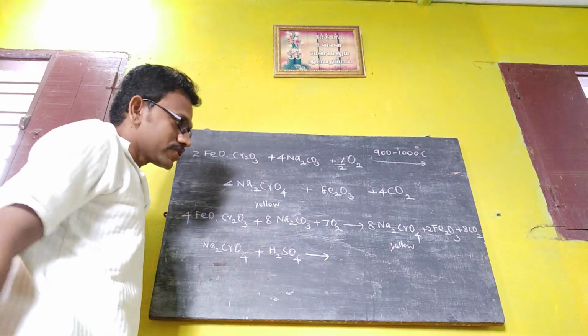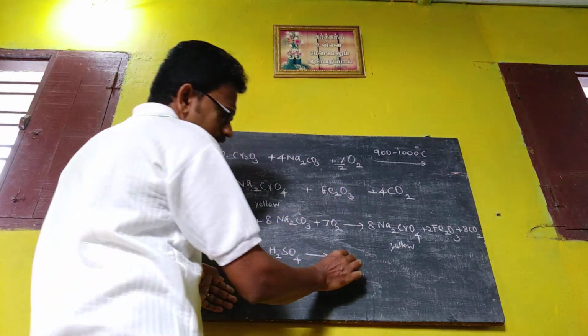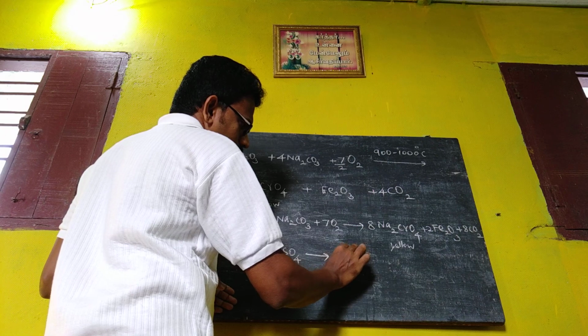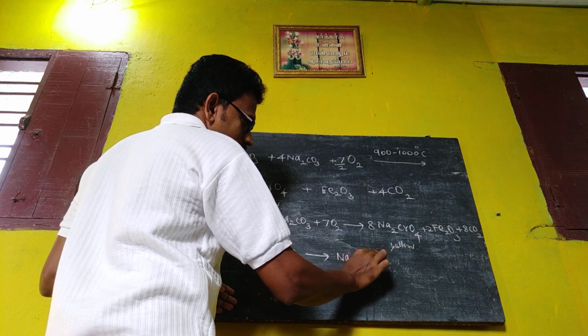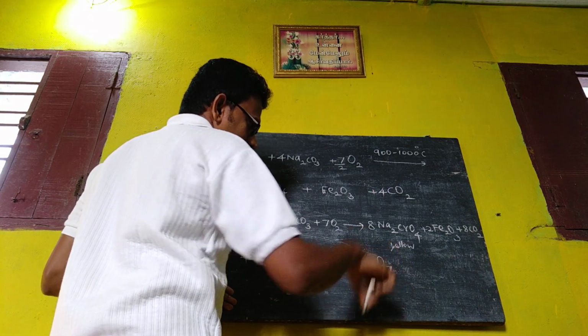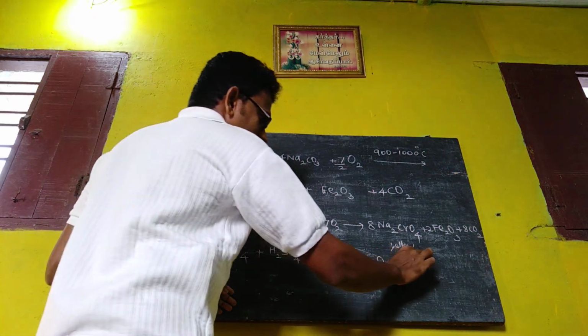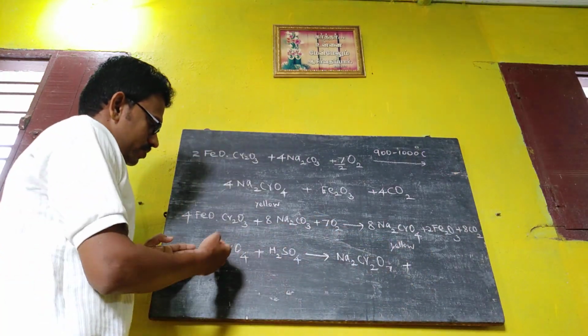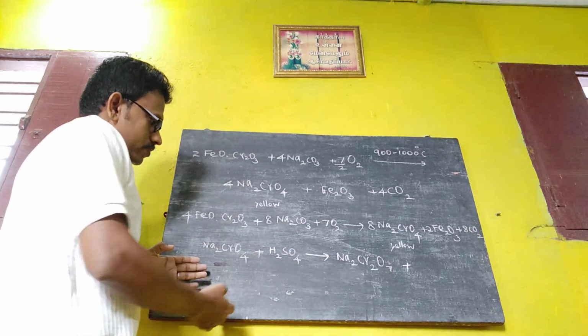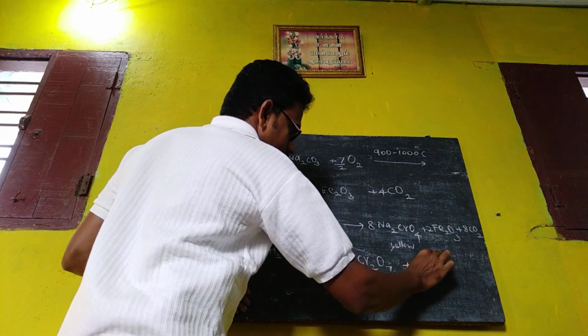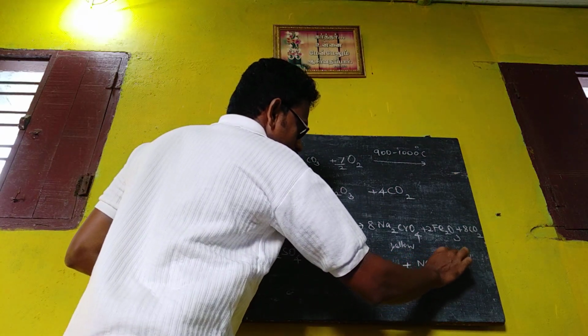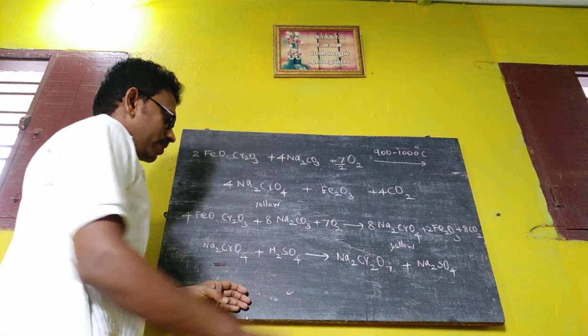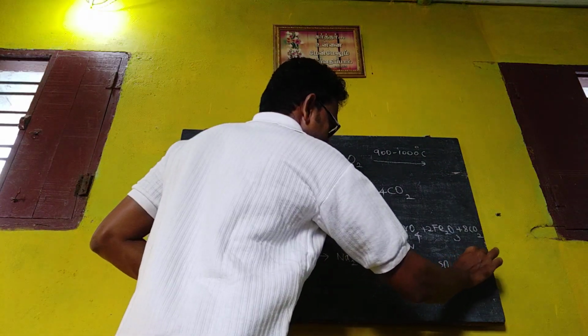Now in the second equation we can get sodium dichromate. What's the formula? Na2Cr2O7. Then the byproduct, so we can get sodium sulfate, Na2SO4. Sodium sulfate. Then water.